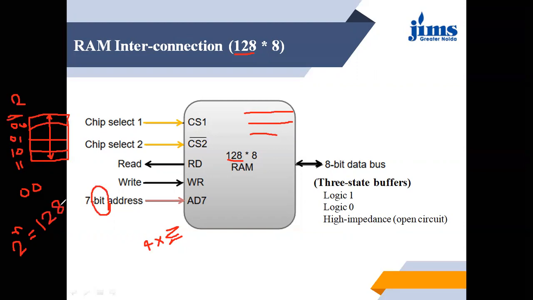In the first unit, we discussed this when we took the size 4096. So in this case, 2 raised to the power 7 is equal to 128.